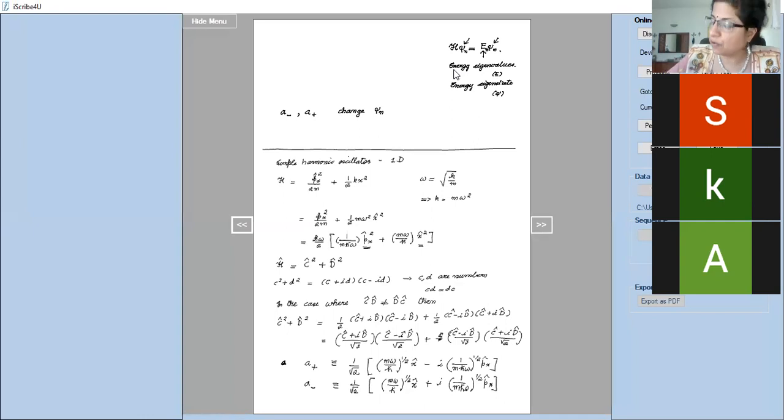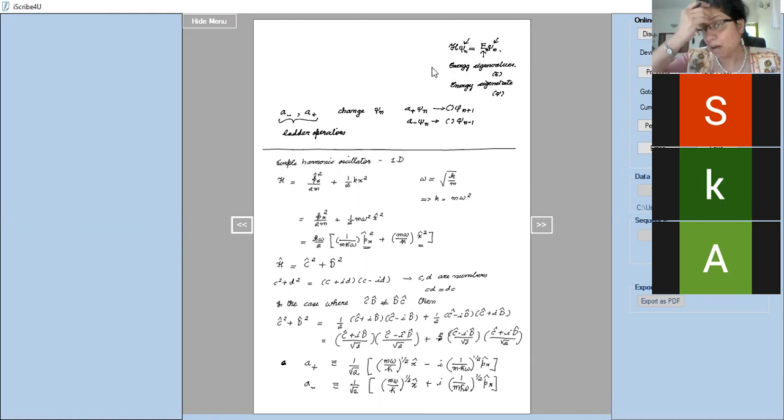If you do A plus upon psi n, you will end up with some constant times psi n plus 1. Similarly, if you did A minus on psi n, you will end up with some constant times psi n minus 1. So these two are called the ladder operators. Why is that? They are helping you climb up or climb down the energy levels.